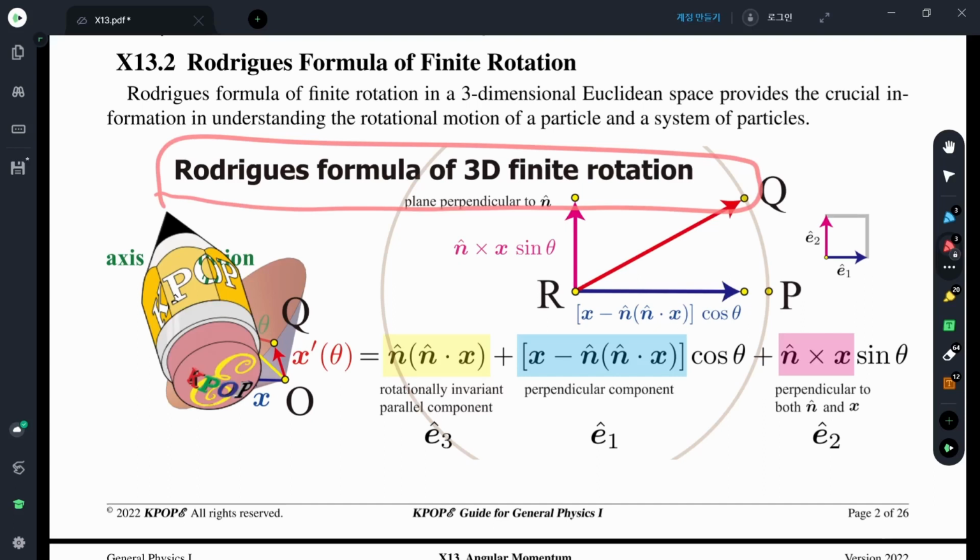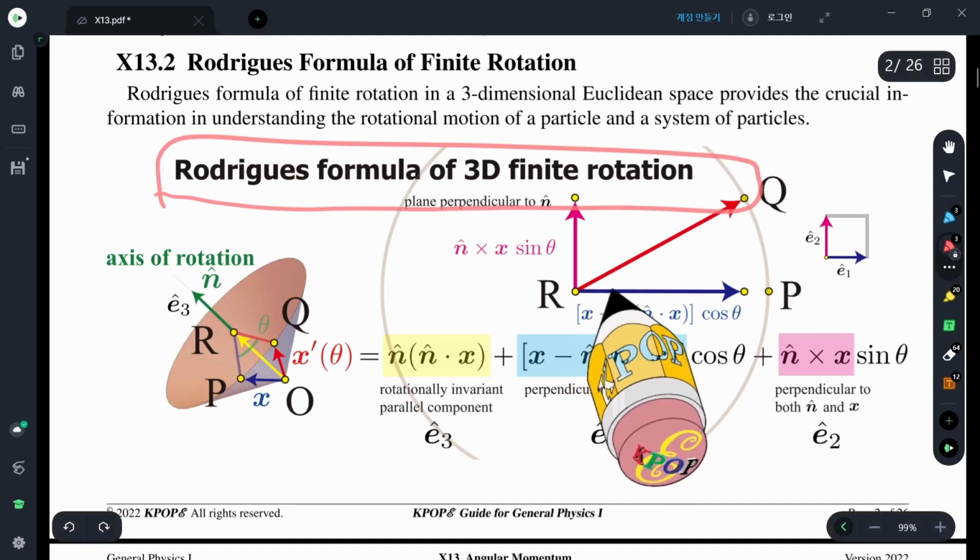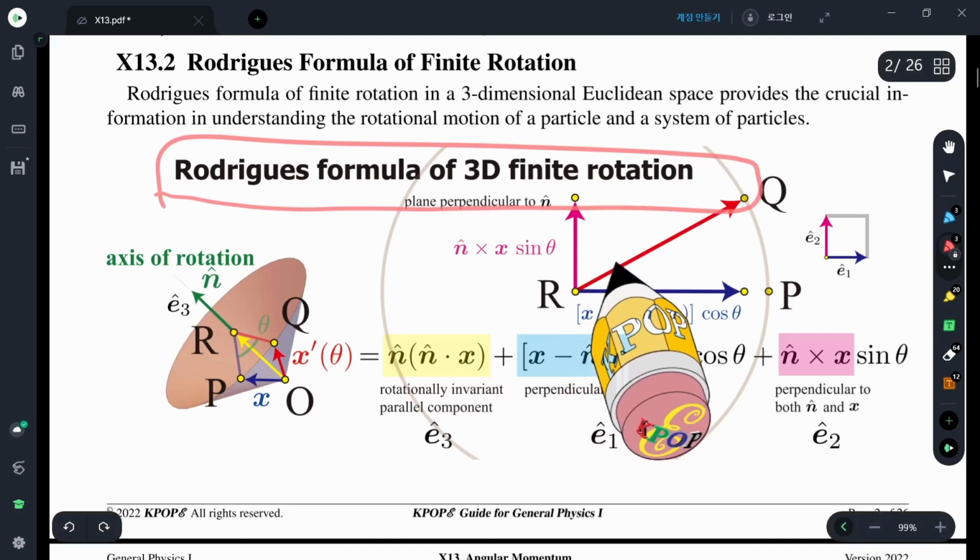So this is the reason why I introduce you to the Rodrigues formula of a three-dimensional finite rotation. This is true for any angle. That's quite important. For any finite value, it is correct. And in the infinitesimal limit, it's still correct.